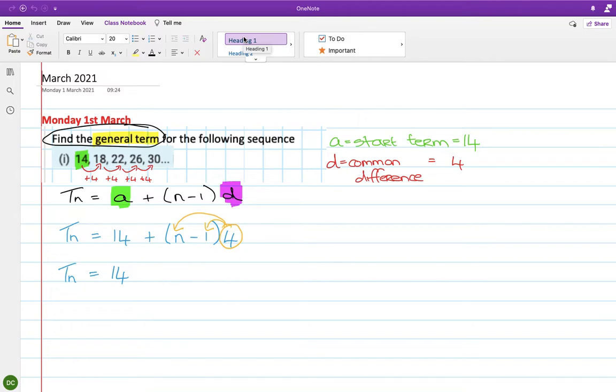The plus gets written down. Next thing we're going to do is multiply the 4 by the n. When you multiply a number by a letter, you simply write them side by side, so it's 4n. Next we copy down the minus, and then 4 by 1 is 4.